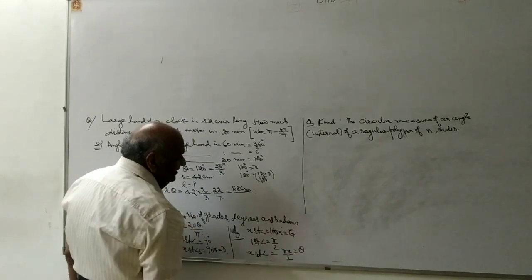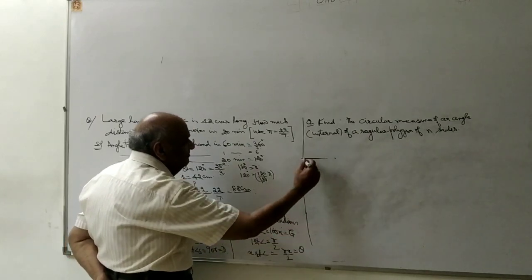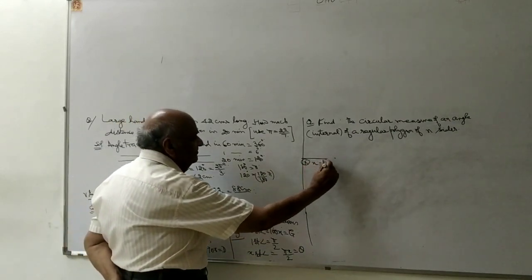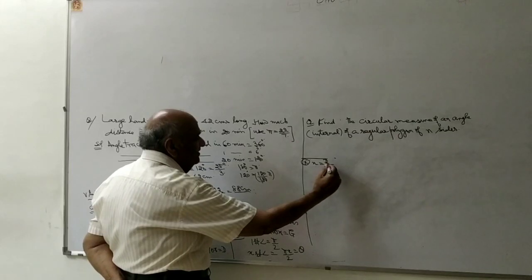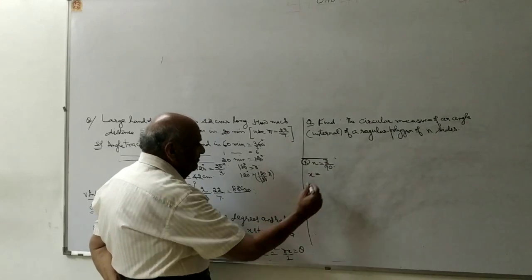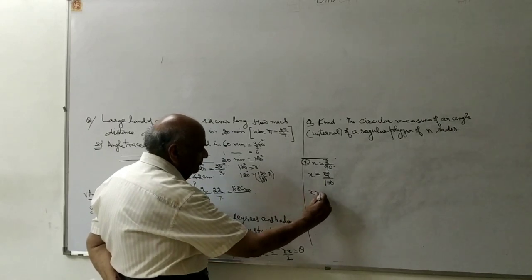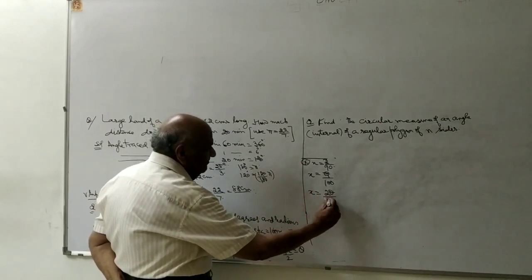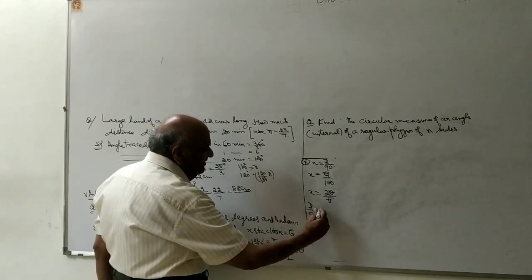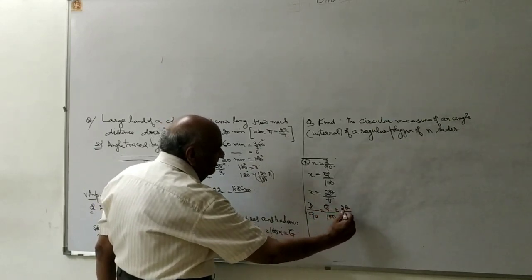So x is equal to D upon 90, then again x is equal to G upon 100, and again x is equal to 2 theta upon pi. This we can put in the form of a result: D upon 90 is equal to G upon 100 is equal to 2 theta upon pi.